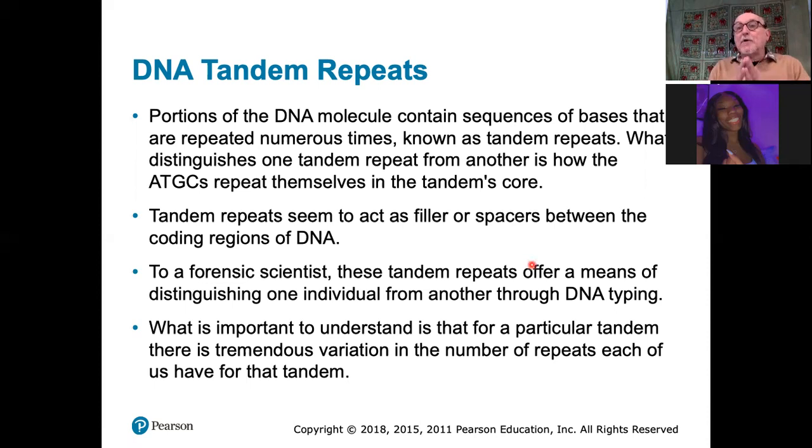We can put statistical bounds on the likelihood that something we see in the DNA, a sequence or whatever, we can say how frequently that occurs in the general population. This is tremendously important because it allows us to define our error, which is not something which is always easy to do in forensic science.